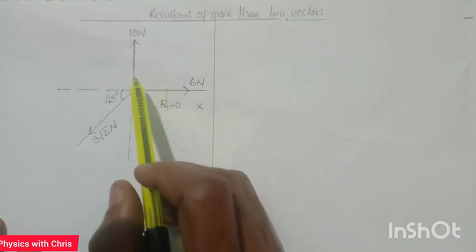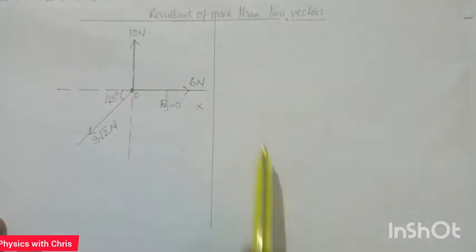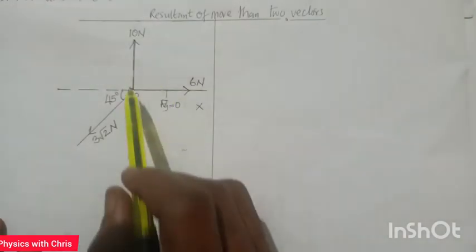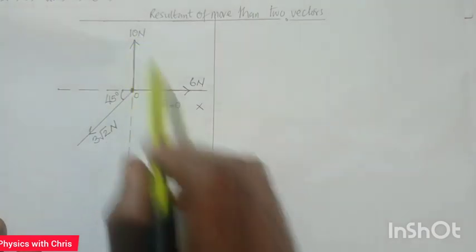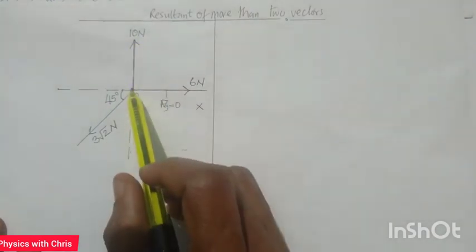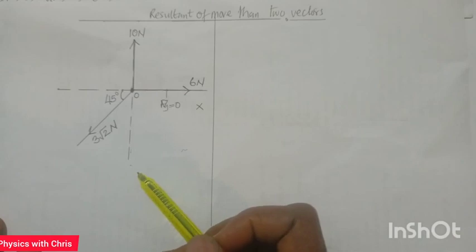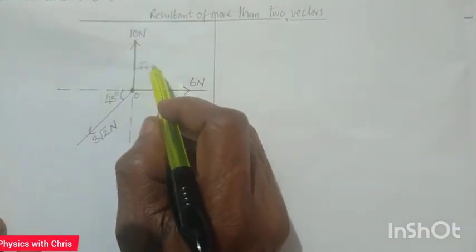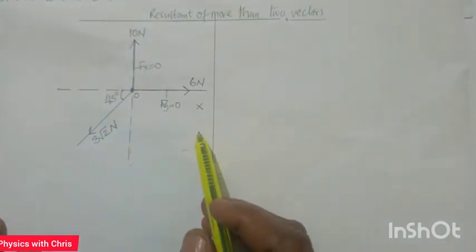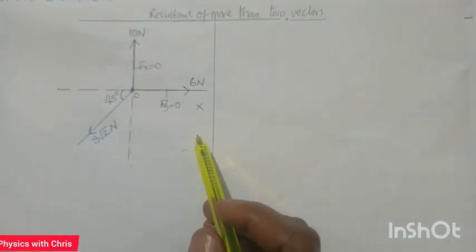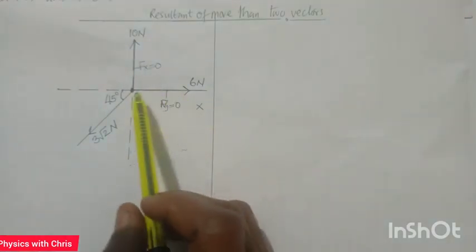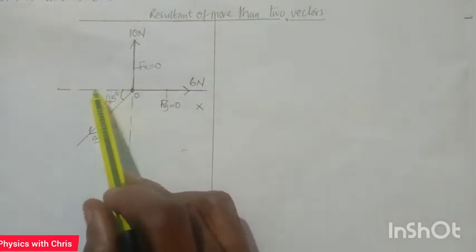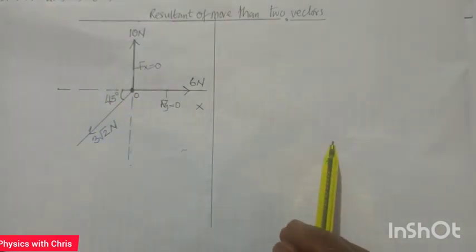Now again, when the force acts along the y-axis, whether it is acting vertically upwards or vertically downwards, it has no horizontal component. Its horizontal component, Fx, is 0 if it's acting along the y-axis. The same thing applies if there's another force acting along the negative x-axis. The vertical component of that force is 0.